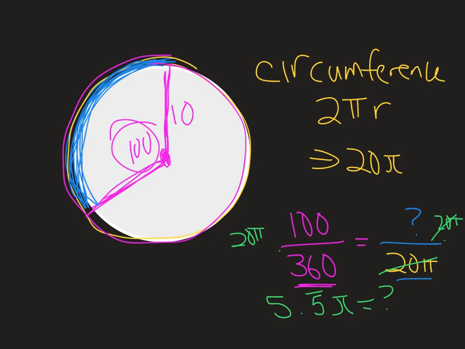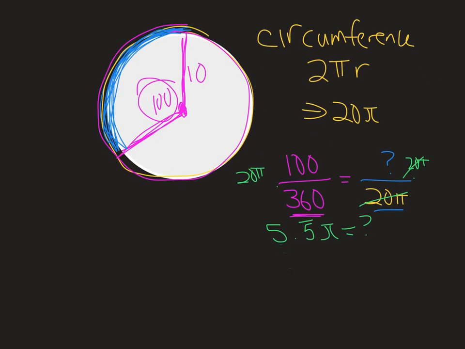And I made up numbers, so nothing's going to come out too crazy nice. Now, if you want to, you could approximate pi with 3.14, so I can multiply by 3.14. And I can call it 17.4, it just kind of keeps going. And that's the length of my arc.